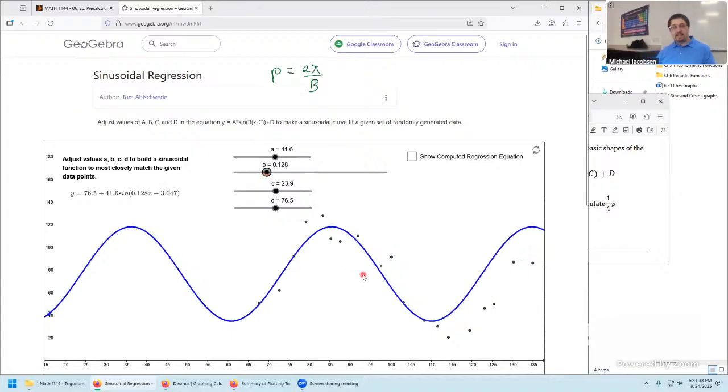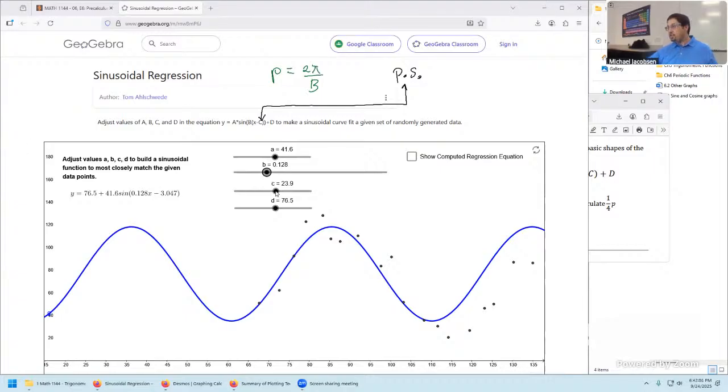So if I ended it right there, we might decide maybe it's not in the right location. We would try to now affect it through a phase shift. The phase shift is going to be affected by this part right here, the C coefficient.